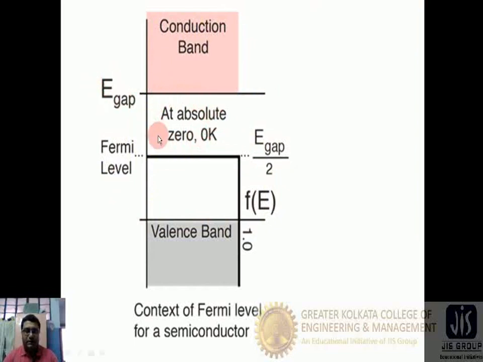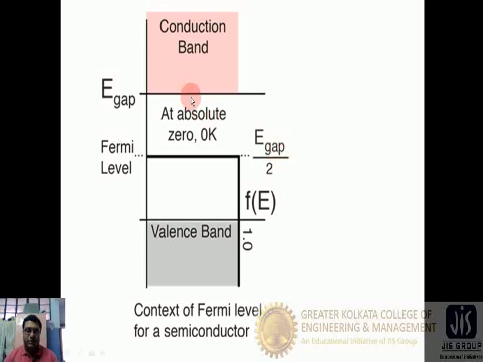At absolute temperature 0 K, the Fermi level lies just between the conduction band and the valence band. At 0 K all the electrons are present in the valence band, so the probability of finding electrons in the valence band is 1, and in this way we can represent the Fermi energy level.